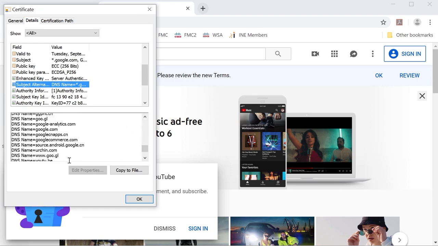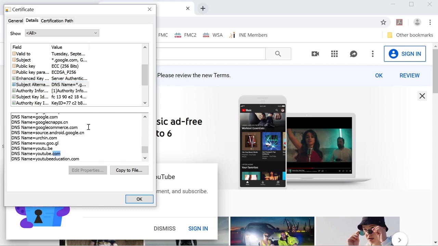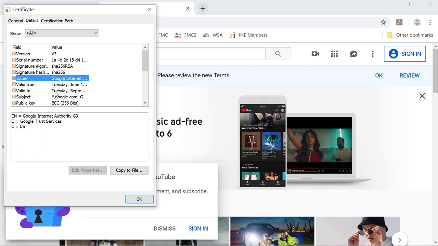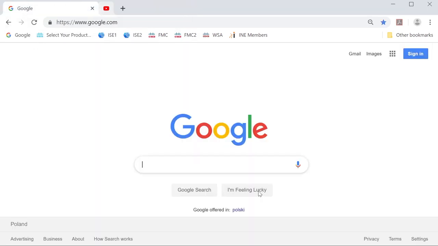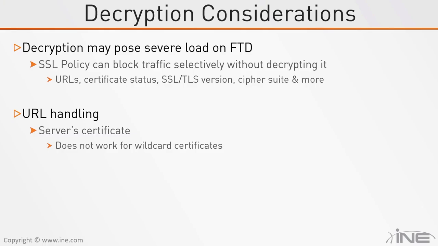We have a single certificate that is issued by Google CA for all or most of Google's websites. So if you take a look at the wildcard certificate information, you don't really know which website the session goes to, because this certificate is used by multiple websites. So this method is only going to work for sites with a dedicated certificate.